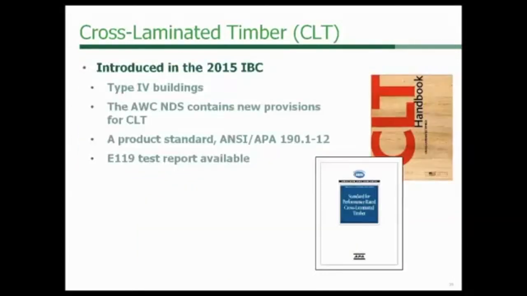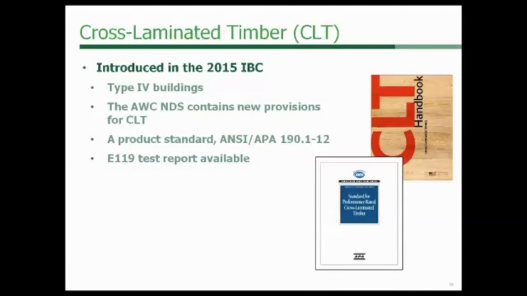Where do we stand now in the code? Well, in the 2015 code, it's type 4 buildings only. Now, it can be used in type 5 buildings. It's just not specifically described there, but since type 5 can be any approved material, based on it being manufactured in accordance with the code reference standard that you see here, ANSI APA 190.1, you can certainly use it in type 5.